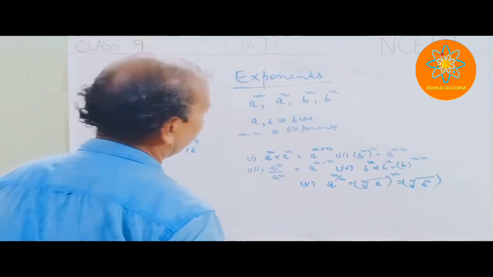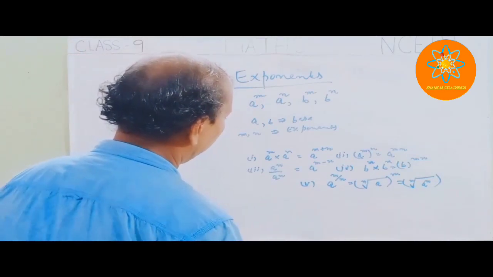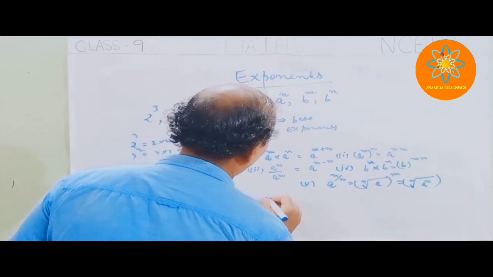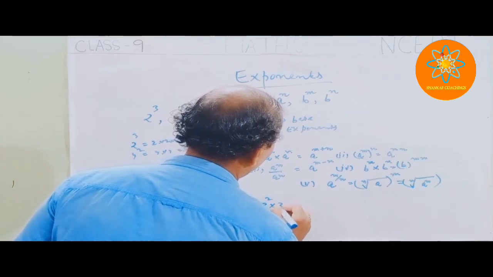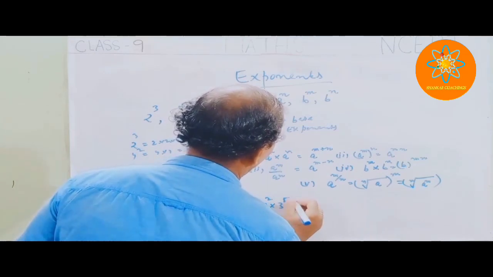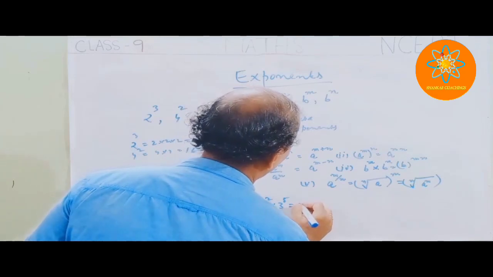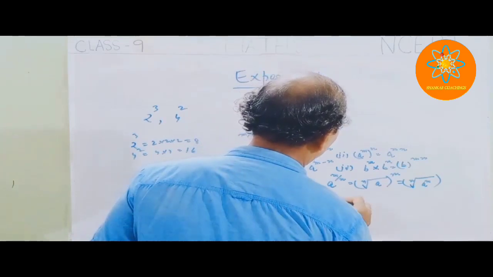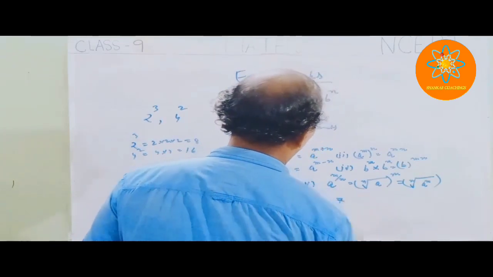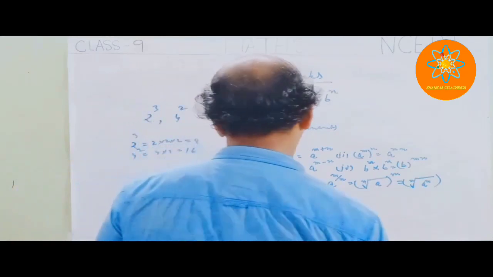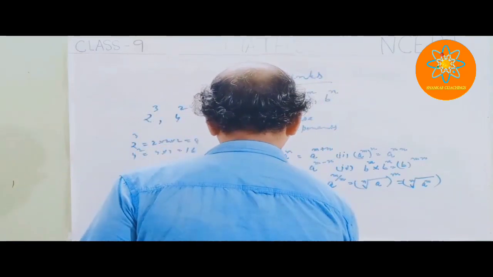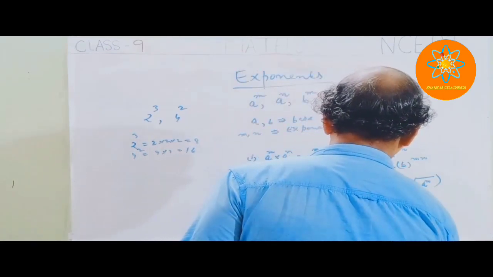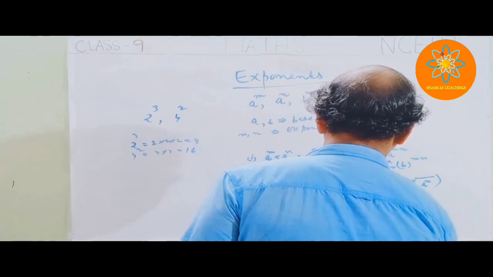I am taking one example. Suppose I have to find 3 to the power 2 into 3 to the power 5. This is equal to 3 to the power 2 plus 5, that is equal to 3 to the power 7. Similarly, suppose I want to find 3 to the power 2, whole to the power 5.